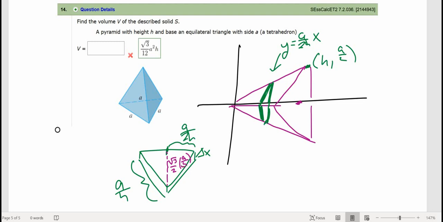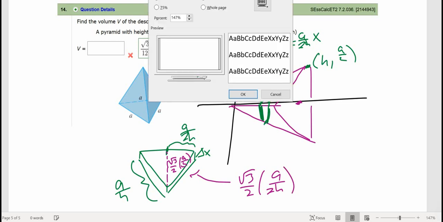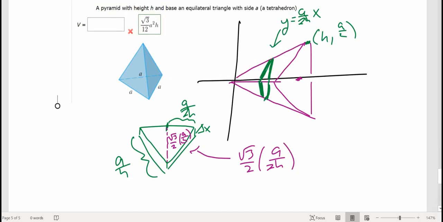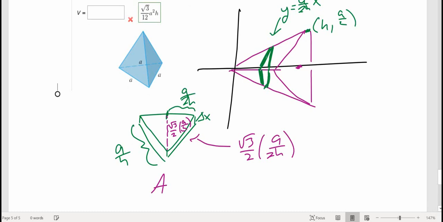Anyway, the height of that little piece in there is square root of 3 over 2 times a over 2h. So then the area of the base, let me subscript it, area of base. It's just going to be 1/2 times the base times the height. So that would be square root of 3a over 4h.